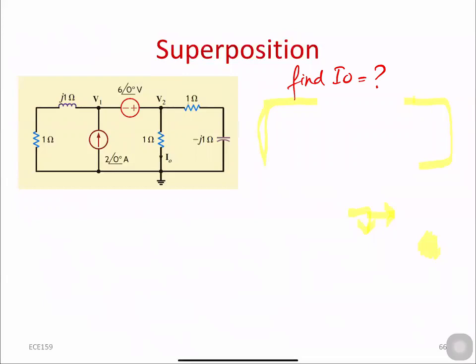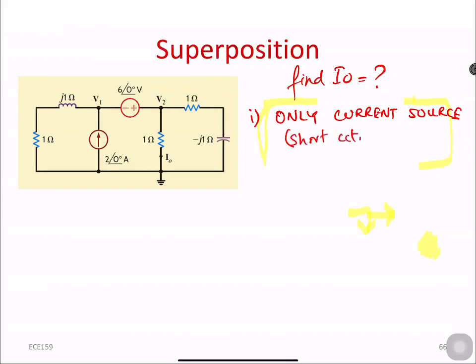What does removing the other sources mean? In this circuit, for example, you have two sources: a current source and a voltage source, right? So let's say I want to keep only the current source in the first case. When I keep only the current source, I will short circuit the voltage source.